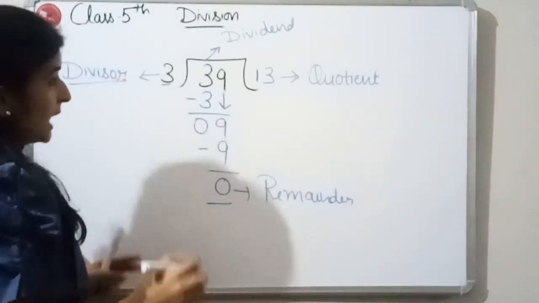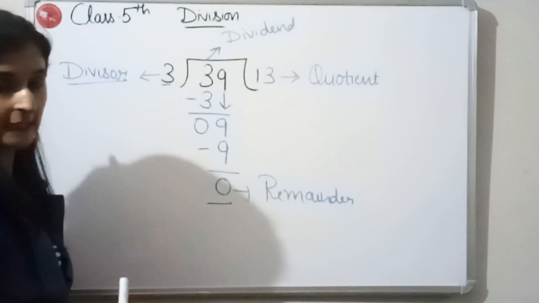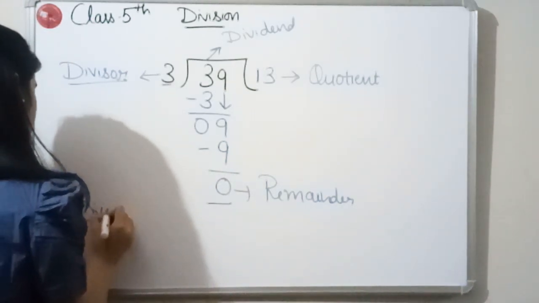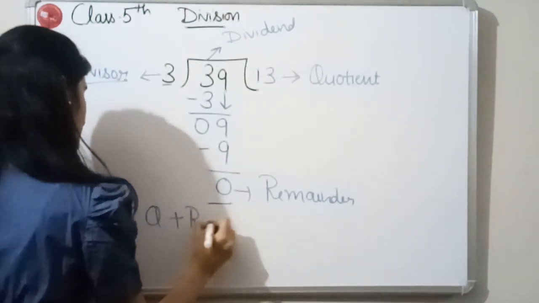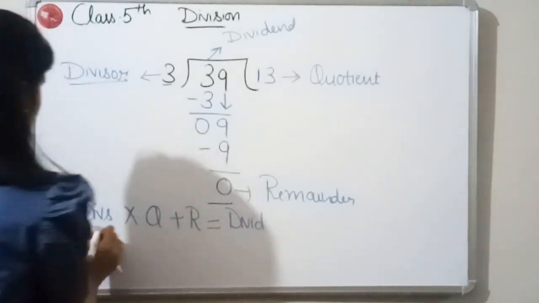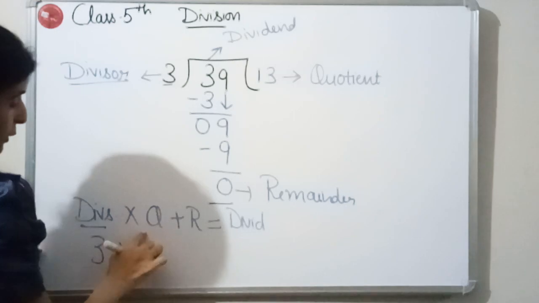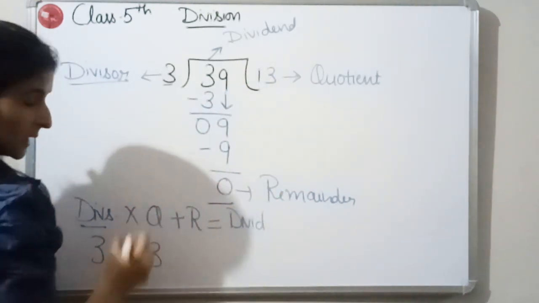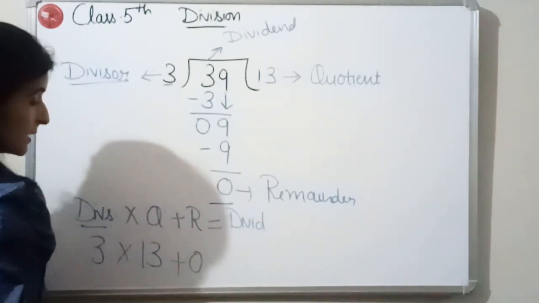Now if we have to check whether this division is correctly done or not, what was the formula? Divisor multiplied by quotient plus remainder should be equal to the dividend. The divisor is 3, the quotient is 13, and the remainder is 0.